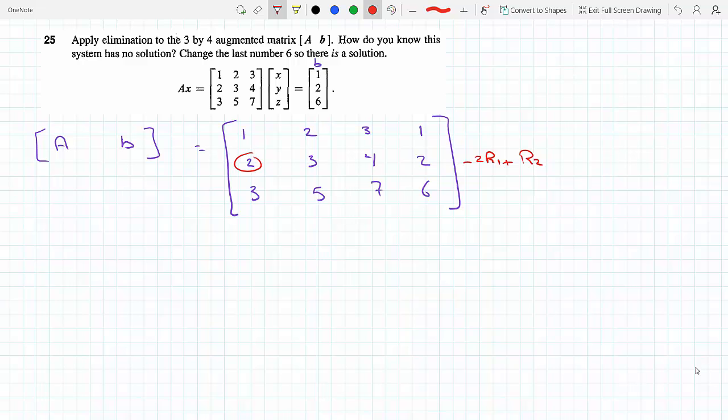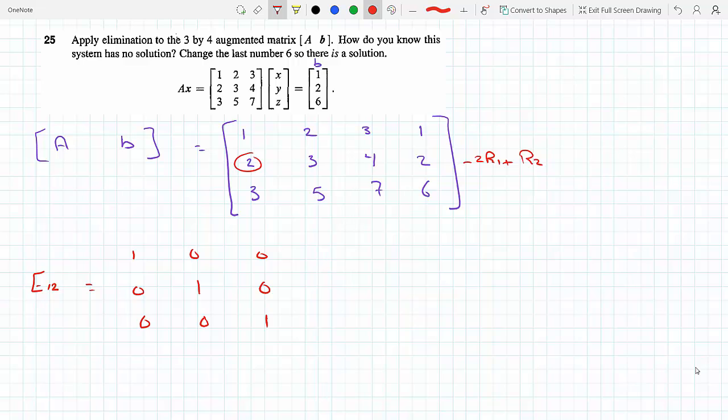E1 or E12. So this would be 1 0 0, 0 1 0, 0 0 1. Okay, let me just so I don't have to rewrite it, I'll just do it on this and change the second row.